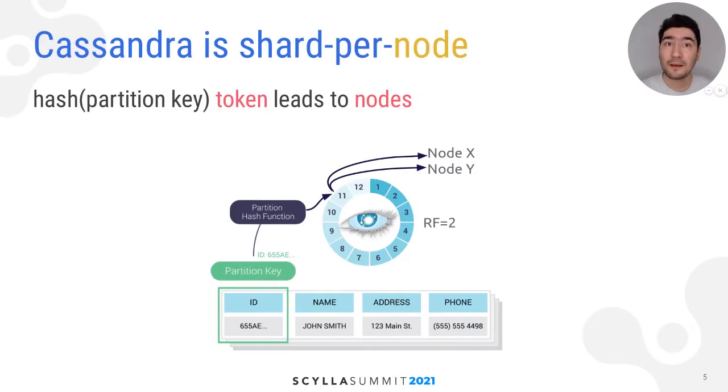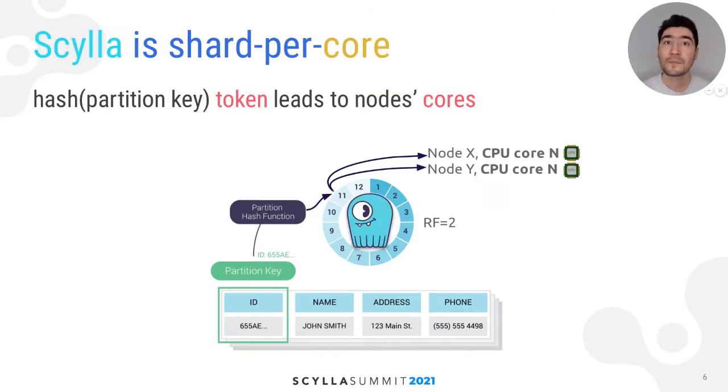On Cassandra, the hash of the partition key gives you a token telling you which node has the data that you're looking for. We can call this architecture a shard per node architecture. So this is Cassandra. On Scylla, the same hash of the same partition key gives you the same token, but not only telling you which node has the data, but also which CPU's core is responsible for handling it.